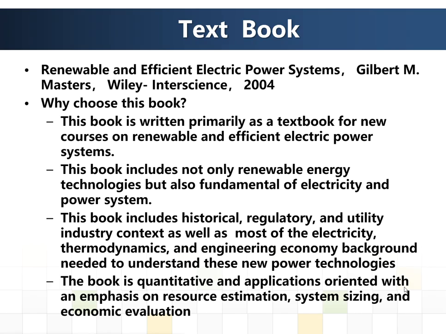The book will not only introduce renewable energy technologies, but also provide fundamental knowledge of electricity and the power system. The book also covers historical, regulatory, and utility industry aspects.